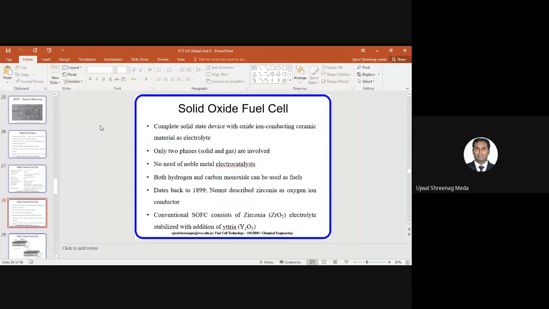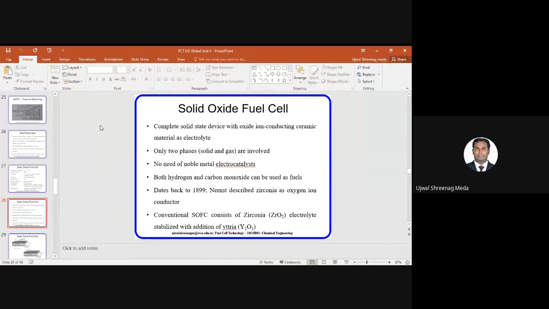One of the advantages of SOFC, as discussed, is that because of the solid electrolyte, the phases involved are only two, solid and gas. But when it comes to other fuel cells, especially at the electrode electrolyte interface where the reaction takes place, three phases will be involved: liquid electrolyte, solid electrode, and gaseous fuel.